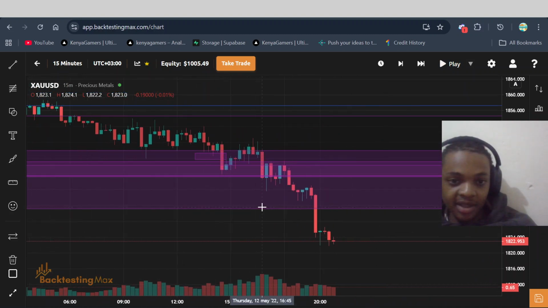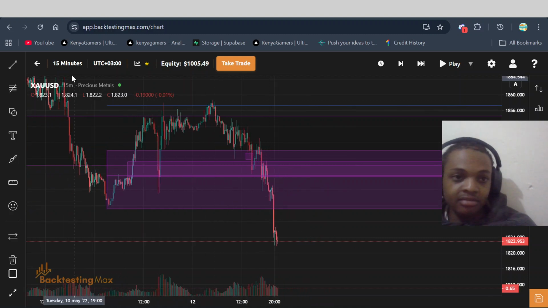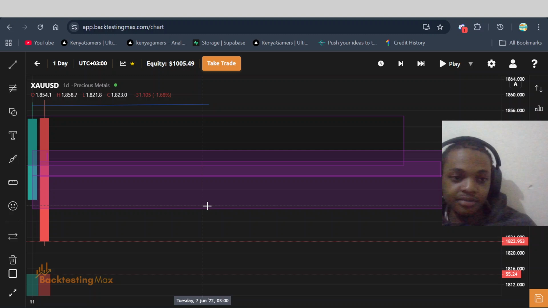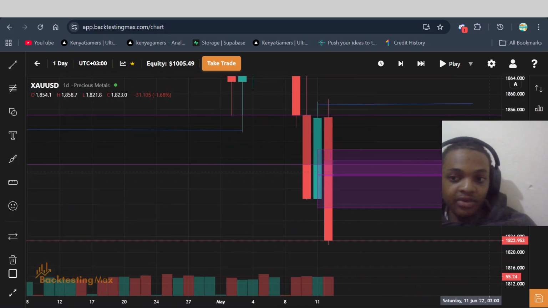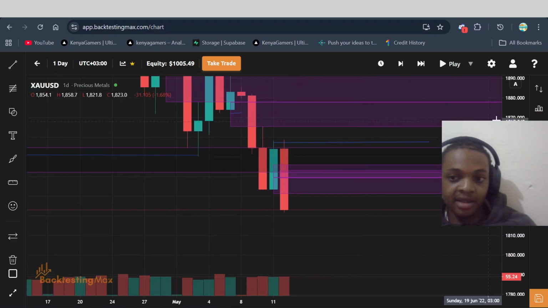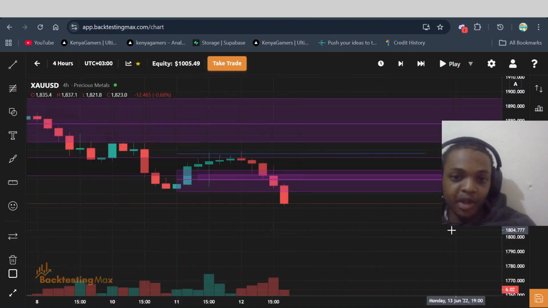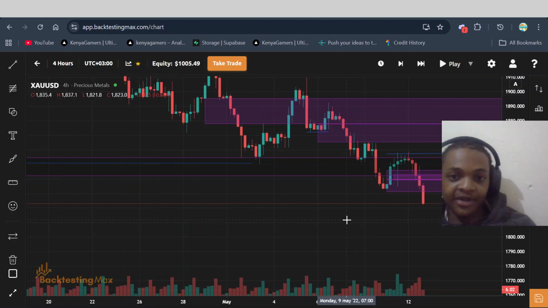So guys, as you can see, that's how I analyzed the market. We first started by analyzing daily bias. We got our daily bias wrong. I predicted it to be bullish, it was bearish. But we looked at the 4-hour time frame.